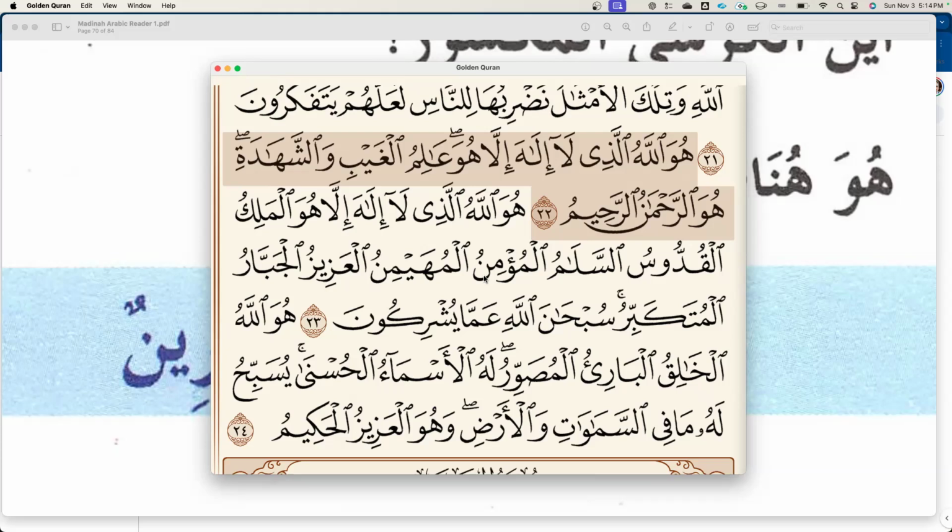One primary meaning of Aziz is the one that has authority, the one who is respected, right? So respect is an outcome of authority. So al-Aziz means the one who is of authority. Al-Jabbar, the overwhelming, the one who is overpowering.